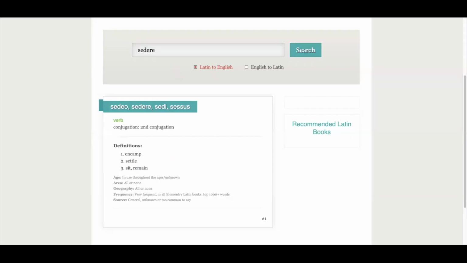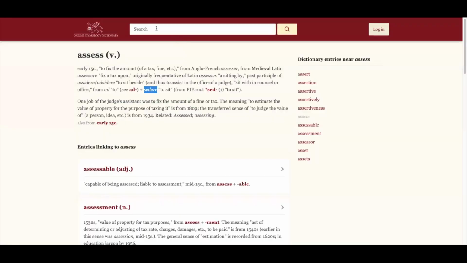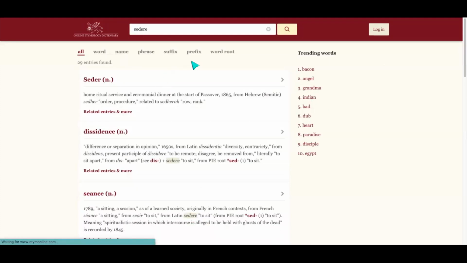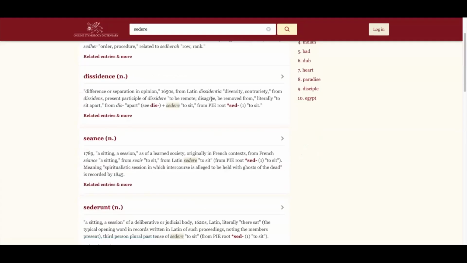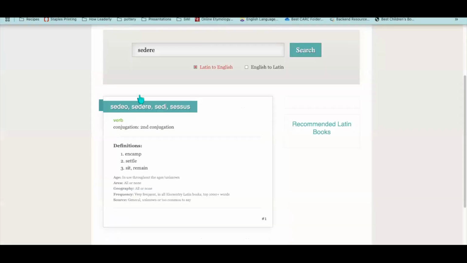So the other thing I can do is paste, and this only works in the Windows version. This doesn't work on the app. You'll get an error, it'd say there's no words, there's no entries. This only works on the computers, but I can look up sedere, and I can also see if there are other words that are not either of these, SED and SESS.